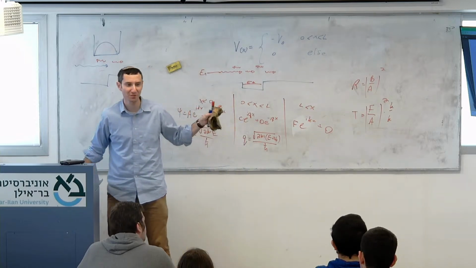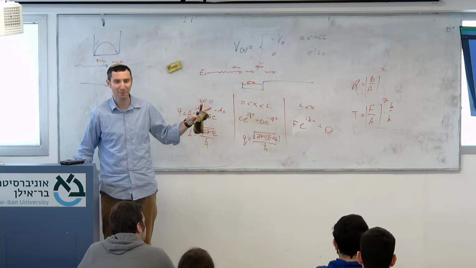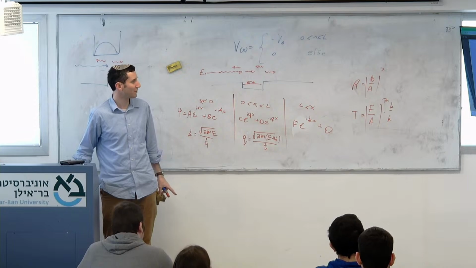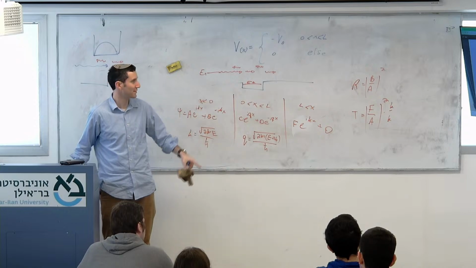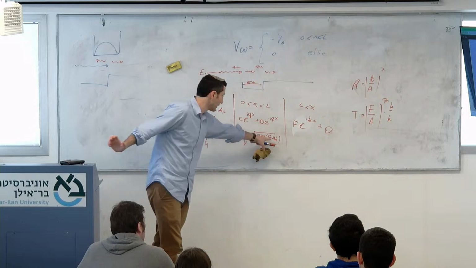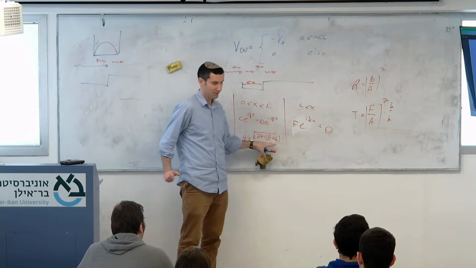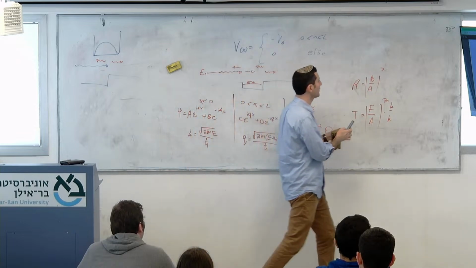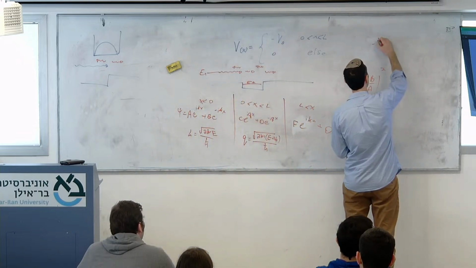Is this fun for you? That it's also here? Does it help anyone? Good. So this is what I would have here, and that's exactly what I just did. Is it clear why it's E plus V naught here? Yeah. My energy is, because I had this from the Schrödinger equation.